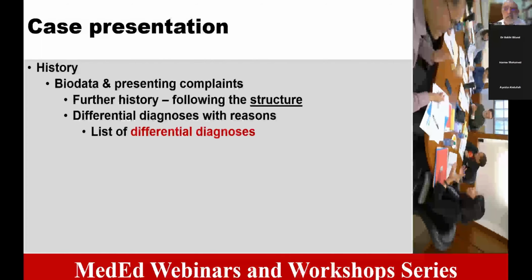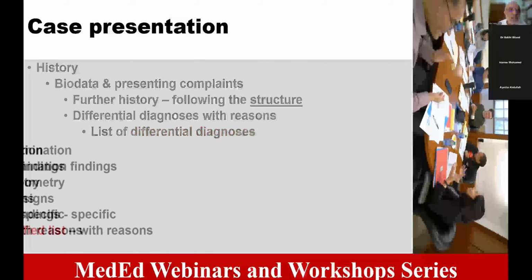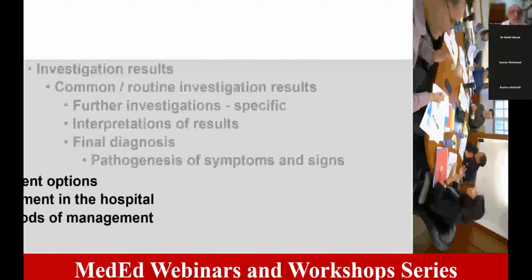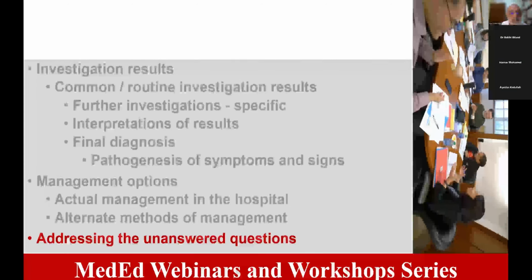So all the data is real, all the information is real, and that fulfills many aspects which are required in case-based learning: analysis of clinical information, analysis of laboratory results, making a diagnosis and management, etc. And during the process, some new things obviously would come into discussion. So this is the third method of conducting a case-based learning session.